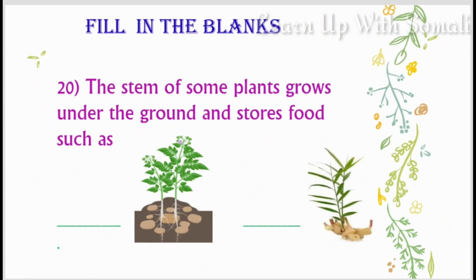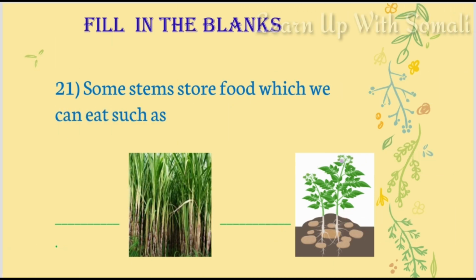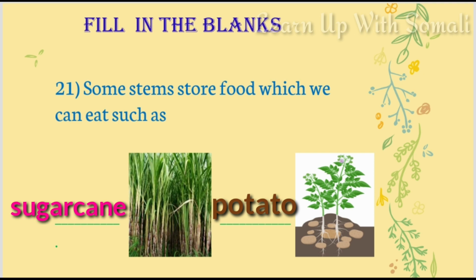Number 20, the stem of some plants grows under the ground and stores food such as potato and ginger. Number 21, some stems store food which we can eat such as sugarcane and potato.